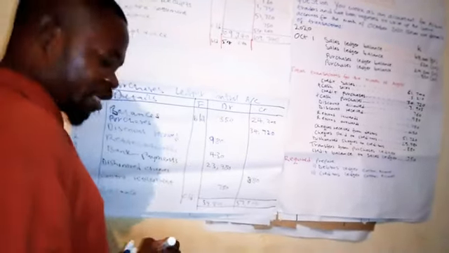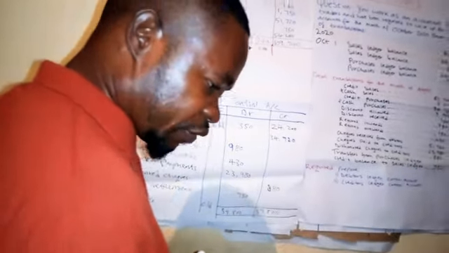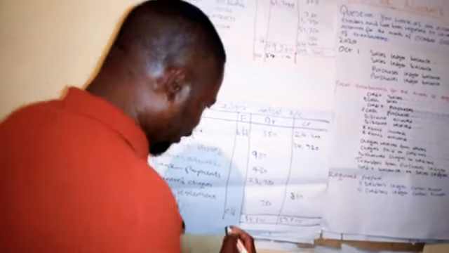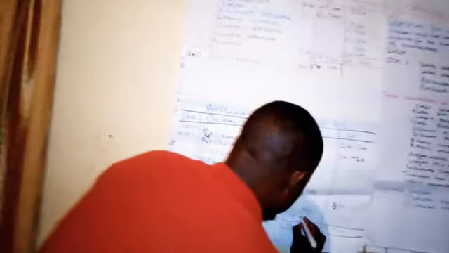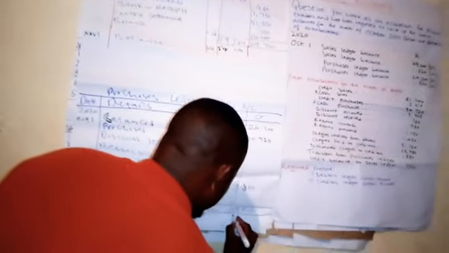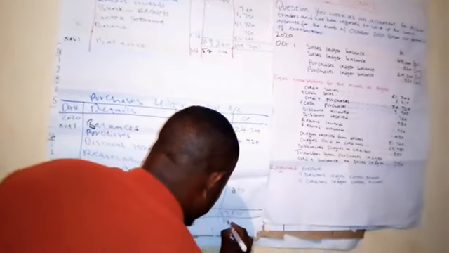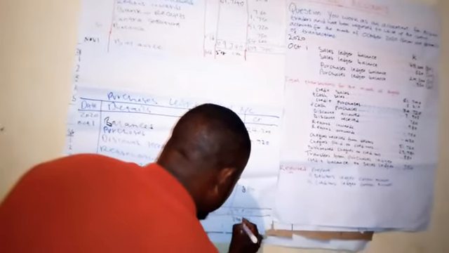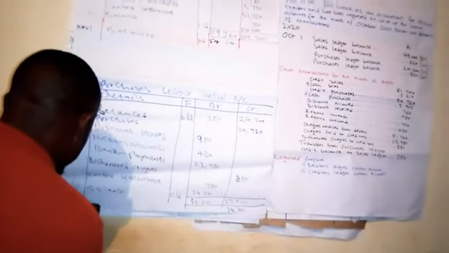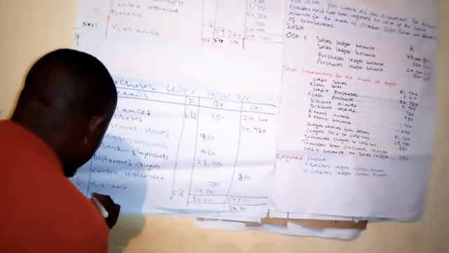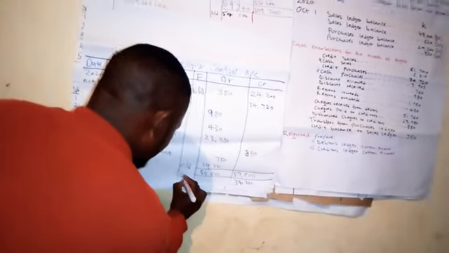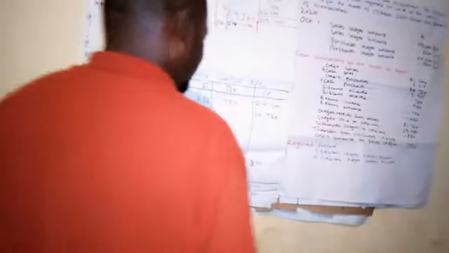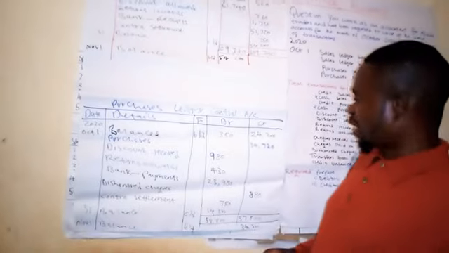Then the balance carried down, we have 34,310, which is on the debit side. So you bring down to the credit side, 34,310. So on November 1, balance brought down. Okay, so this is how you prepare the two accounts.